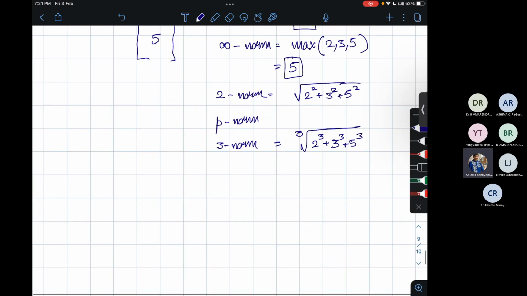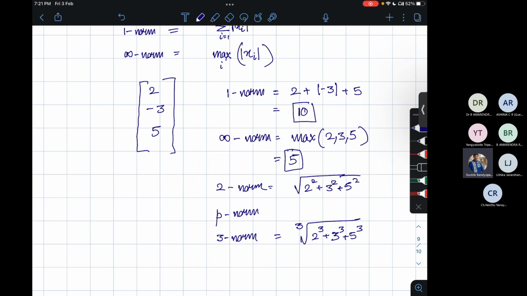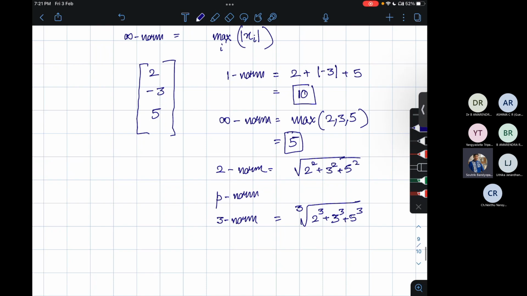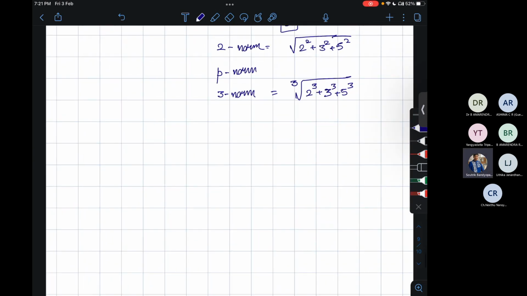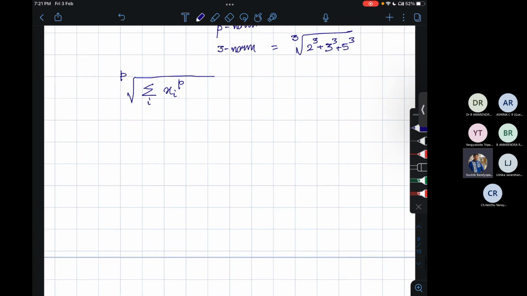Now what happens if there are infinite elements in this vector? In essence, you are computing the P norm, so you have the pth root of the summation of xi to the power p over i. Now what happens if there are infinite elements?